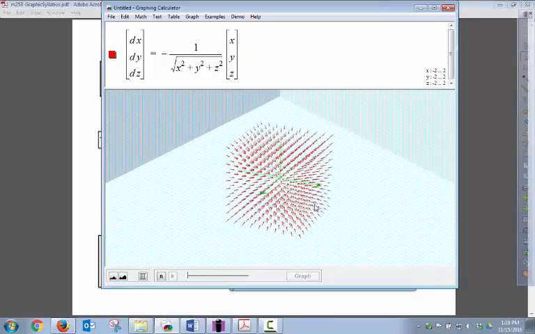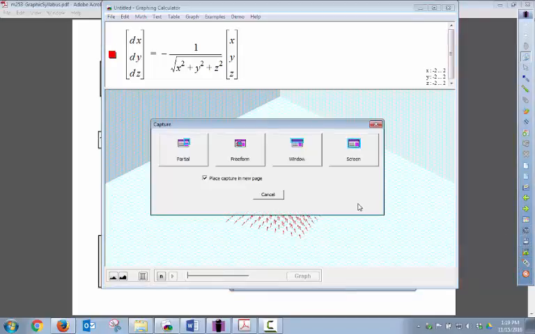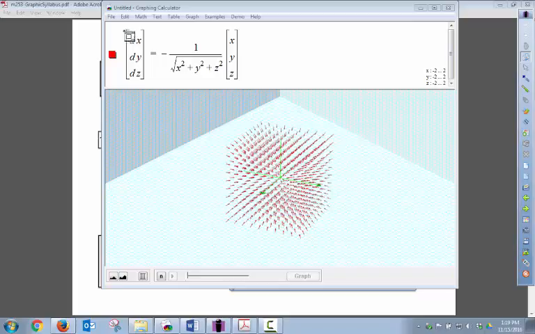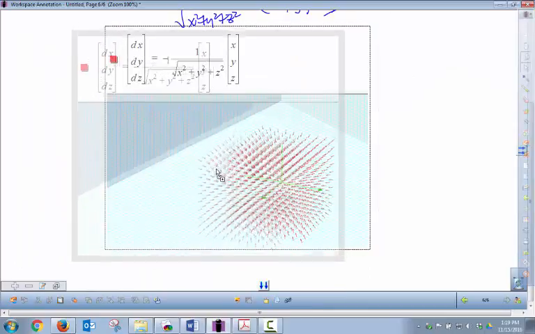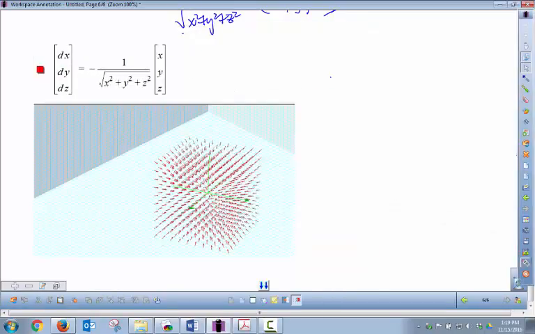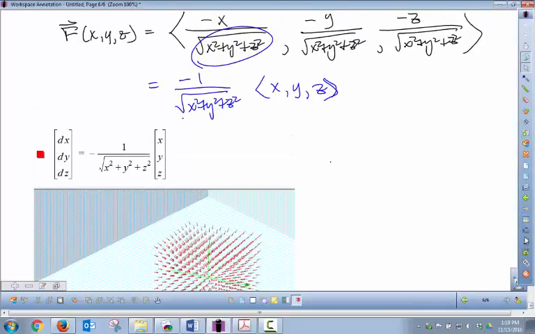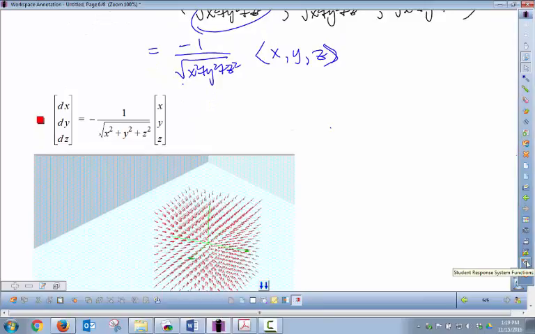Any ideas what this might be used for? Forces in 3D. Motion? Could be used for motion. Maybe navigation.